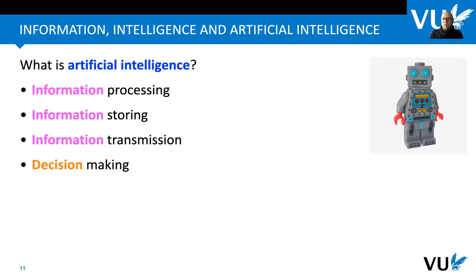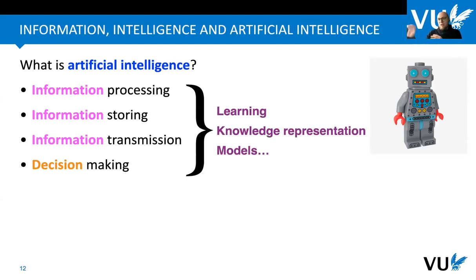And when we talk about these four concepts, of course, there are some other associated concepts popping up. So, all right, what about learning, right? Information processing, storing, transmission. Looking at it from another angle, we can say this is actually something about learning. If we talk about learning, we have knowledge representation.